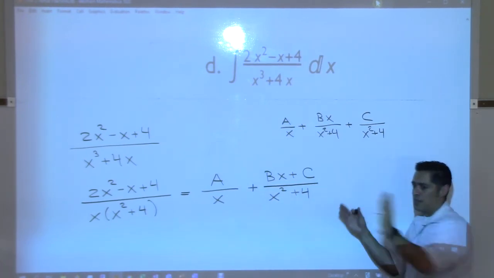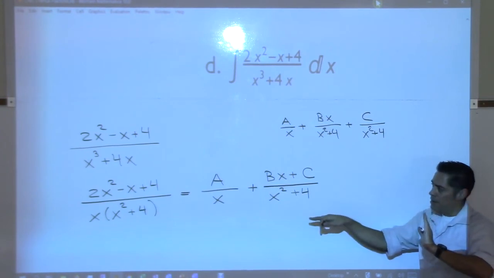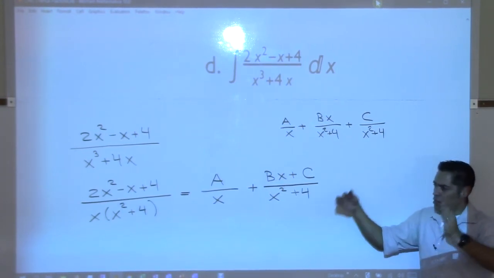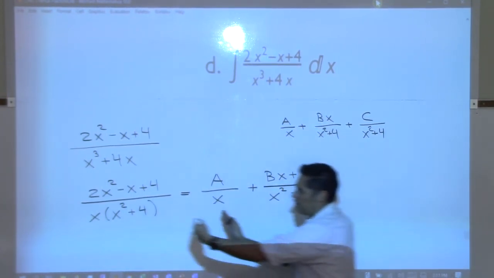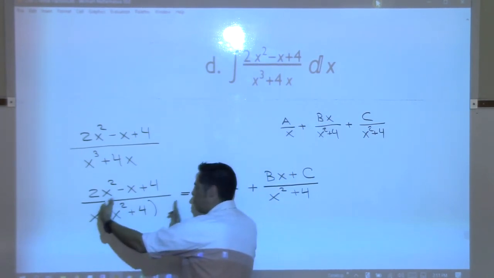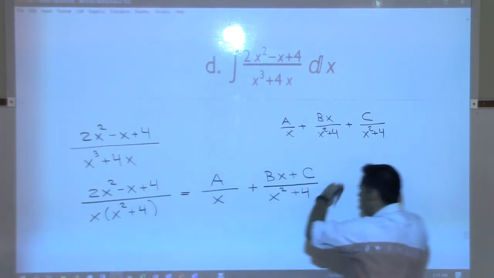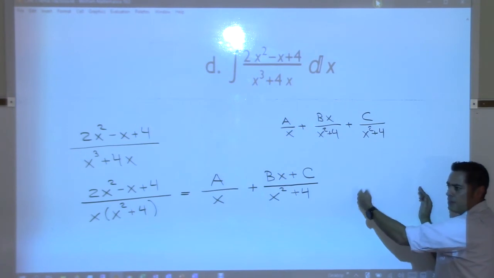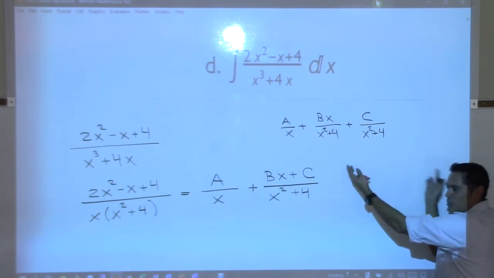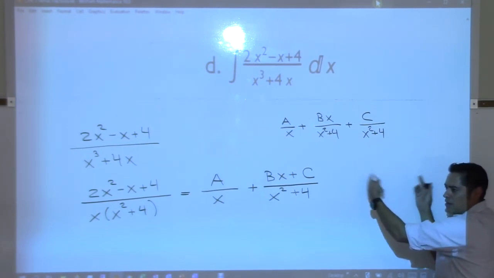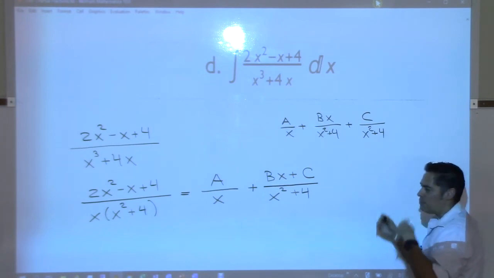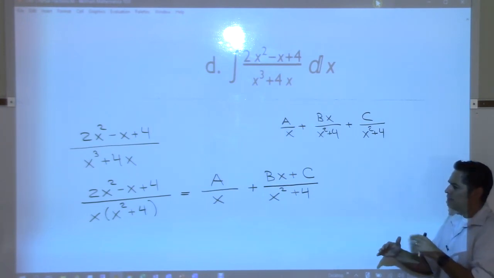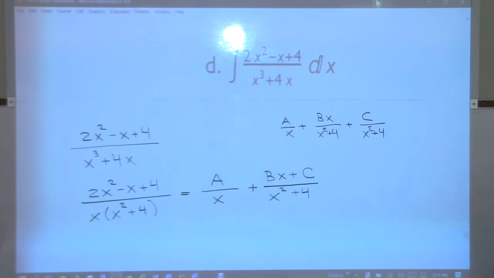We stop in this class, we don't go past quadratics on the bottom. But in theory, if you had a cubic on the bottom that you couldn't factor, what do you think would be on top? A quadratic would be on top. Does that make sense? Yes, it does. Okay.